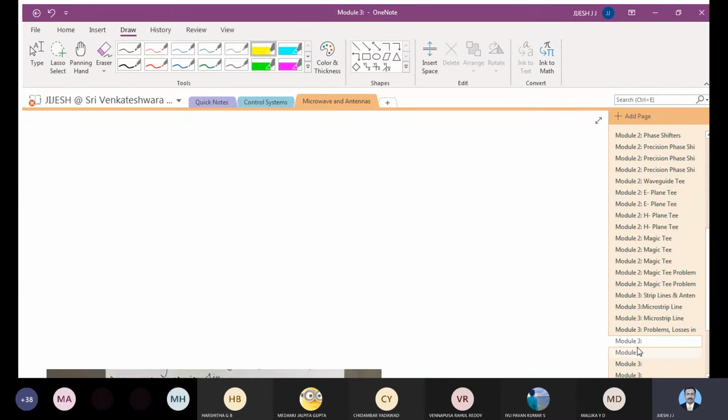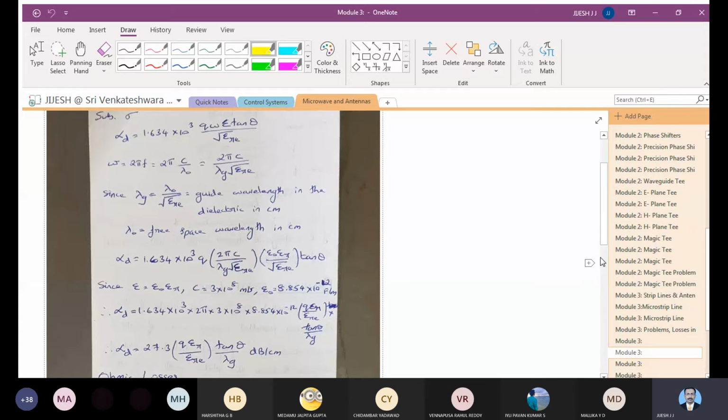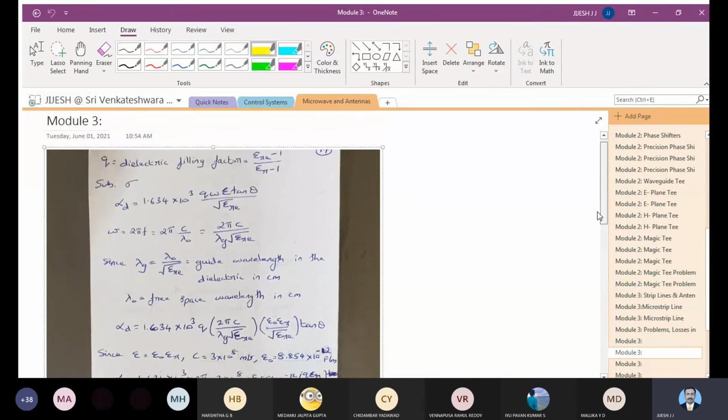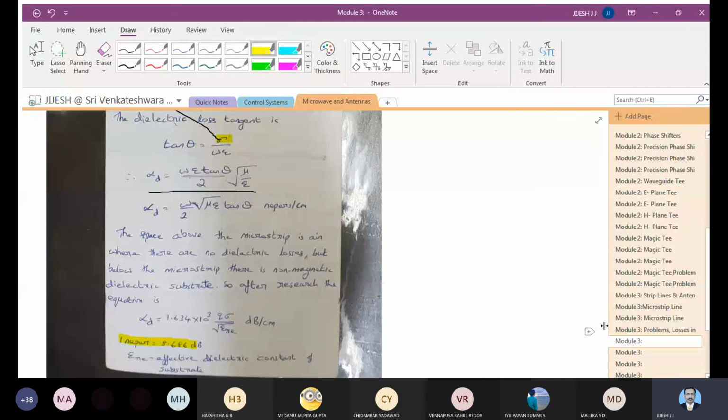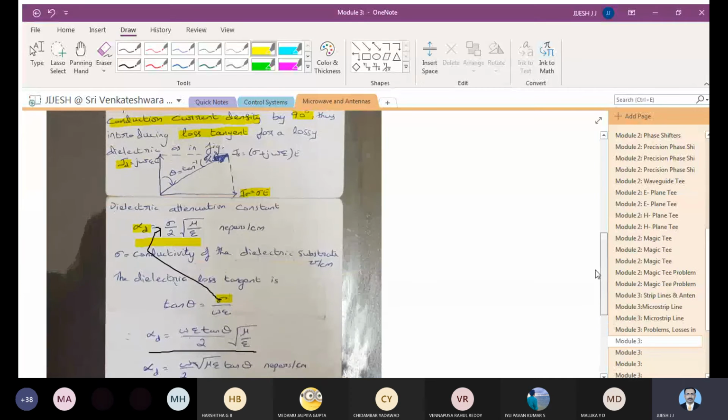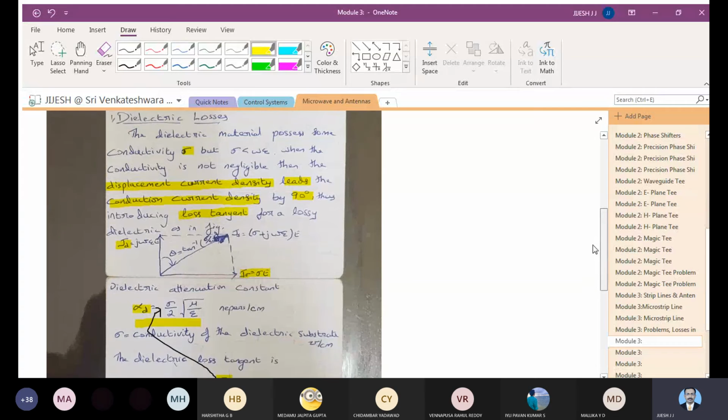So we have to do so many equations here. Here Q is called the dielectric filling factor, and it is epsilon Re minus 1 by epsilon R minus 1. I will not mix up things now. So first let us complete it till alpha D, and then we'll continue further with the rest.